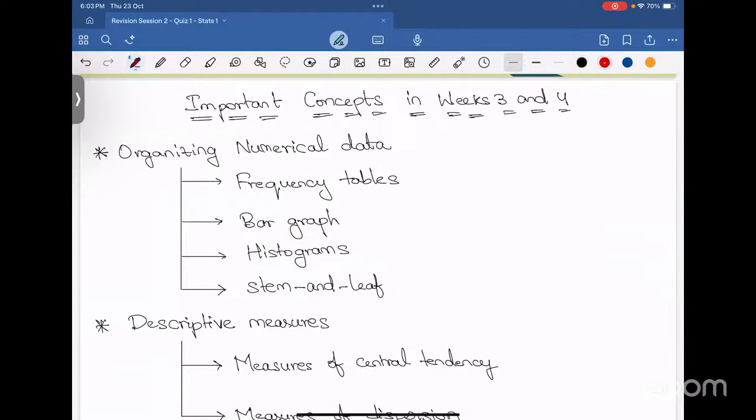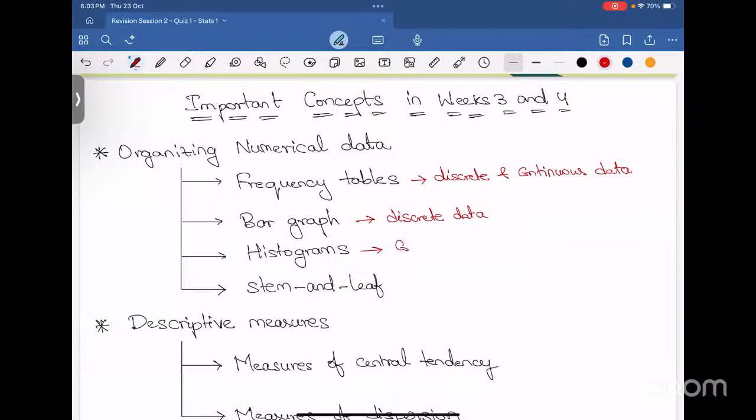Frequency tables are used for both discrete and continuous data, whereas bar graphs are used only for discrete data.